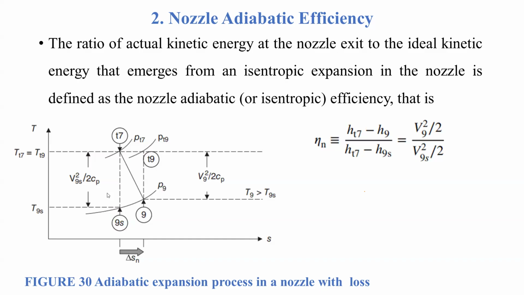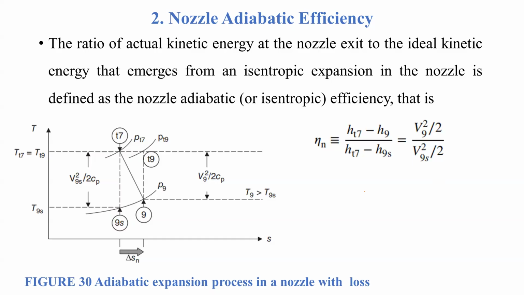So the s condition is greater than the exit condition. That is related with V9 squared over 2 divided by V9s squared over 2. The 2 by 2 cancels, and you have V9 squared over V9s squared.